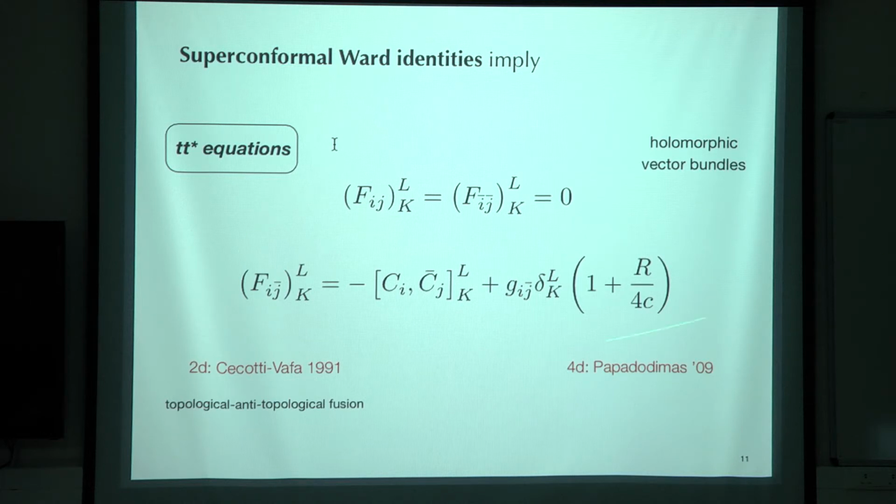Now, what we learned from this game is that, first of all, the mixed holomorphic and non-holomorphic components are 0, so these are holomorphic vector bundles. And then we also learned that we can compute exactly the non-holomorphic piece in terms of the OPE coefficients and 2-point functions.